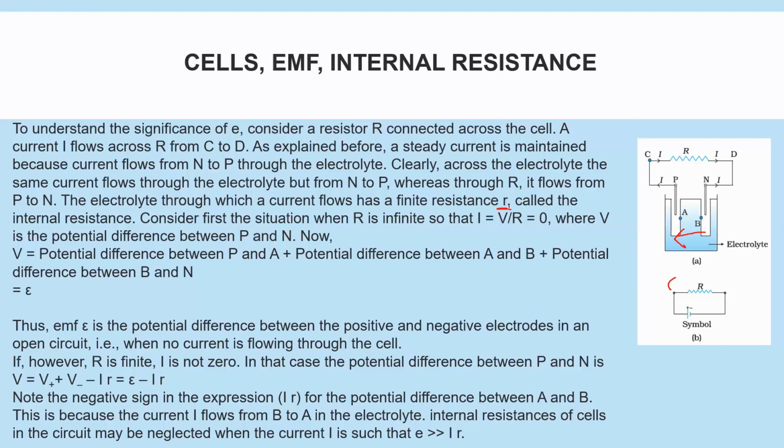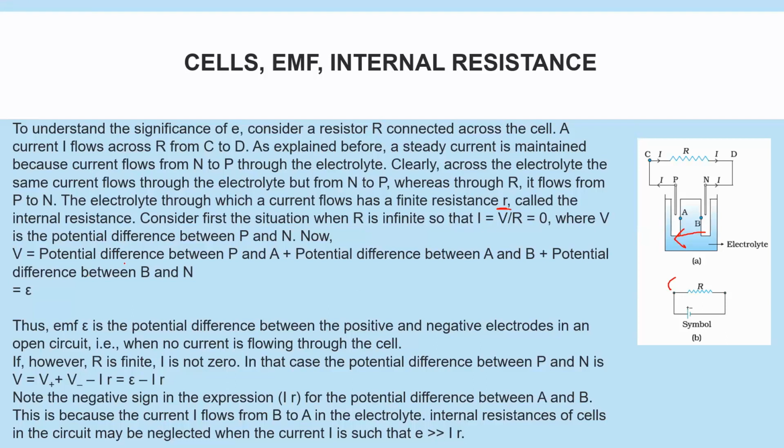In the first situation, your big R is infinite. So I is equal to V by R, which is 0, where V is the potential difference between P and N. So what is V going to be? It is the potential difference between P and A, where A is a point in the electrolytic solution, and B is also a point in the electrolytic solution next to the negative electrode.